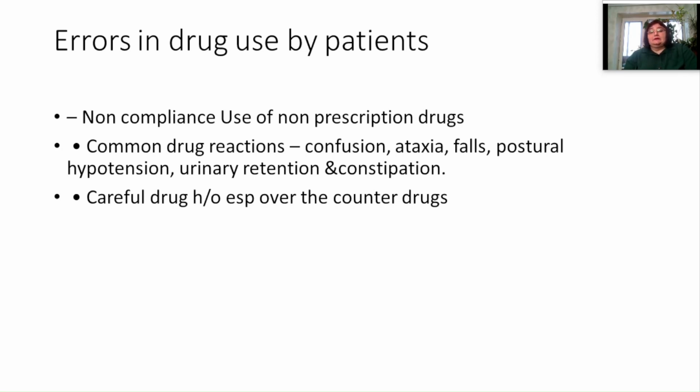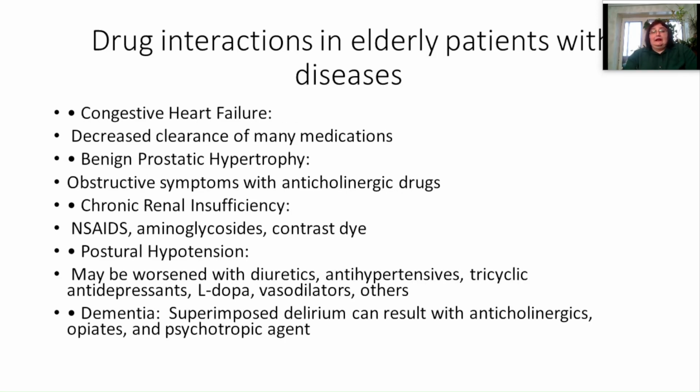Be careful with drugs, including over-the-counter drugs. Drug interactions in elderly patients with diseases. There can be drug interaction with congestive heart failure, decreasing clearance of many medications; with benign prostatic hypertrophy, obstructive symptoms with anticholinergic drugs; with chronic renal insufficiency, when we talk about non-steroidal anti-inflammatory drugs, aminoglycosides, contrast dye.